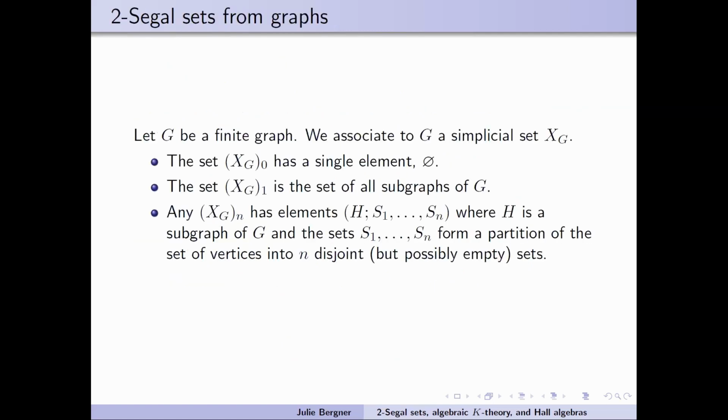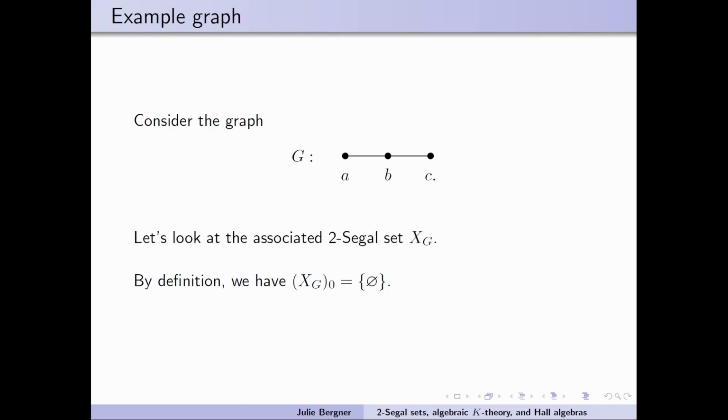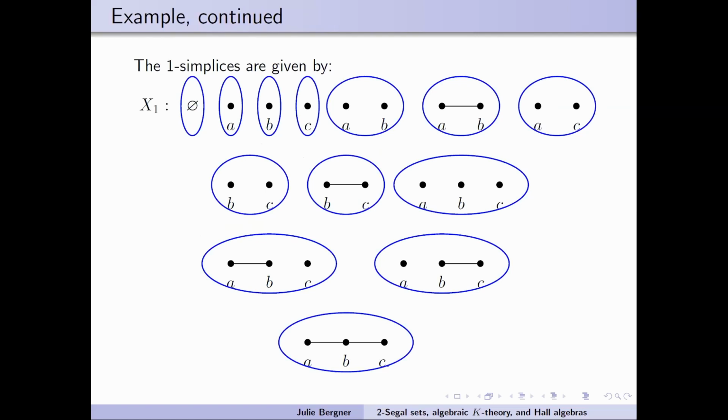So a two simplex will be an H, S1, S2. You'll have a subgraph together with an ordered partition of the vertices. Any part is fine, and the partition can include empty subsets. This is just a graph so far; we're building a simplicial set.